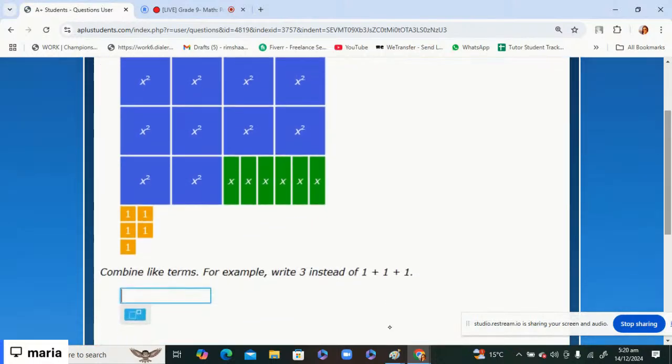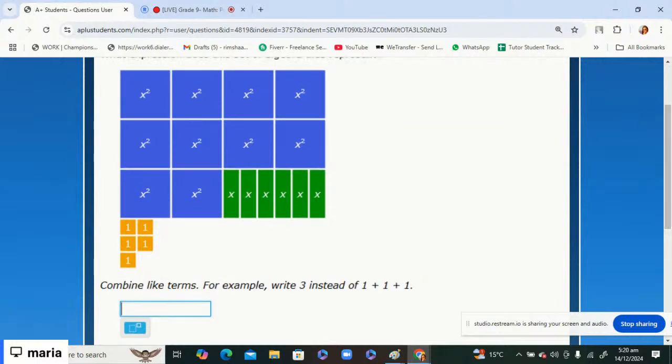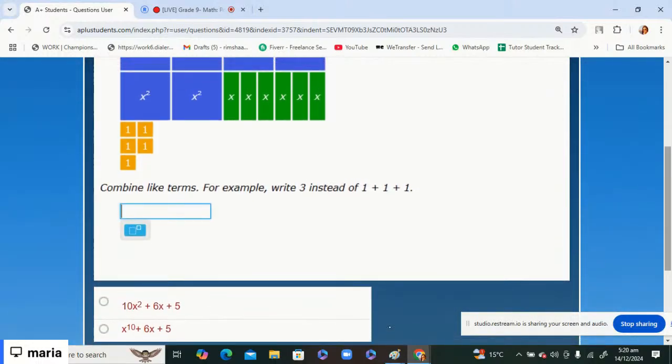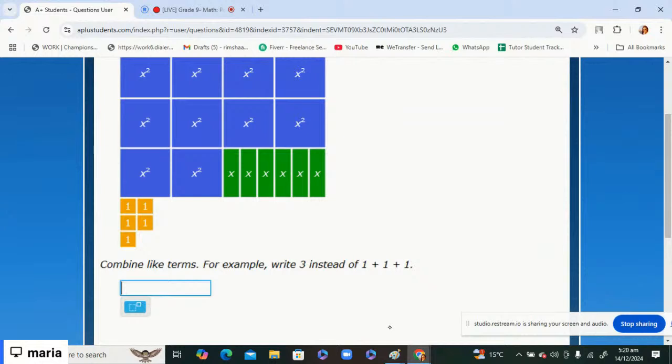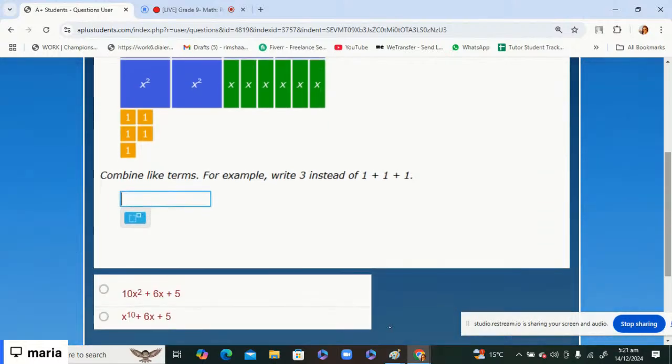Okay, now you guys tell me the answer of this one. How many x squares are there? 1, 2, 3, 4, 5, 6, 7, 8, 9, 10. 10x square. Is there any option for 10x square? Yes. How many x? 1, 2, 3, 4, 5, 6. 6x and 5. Okay. This is option A.